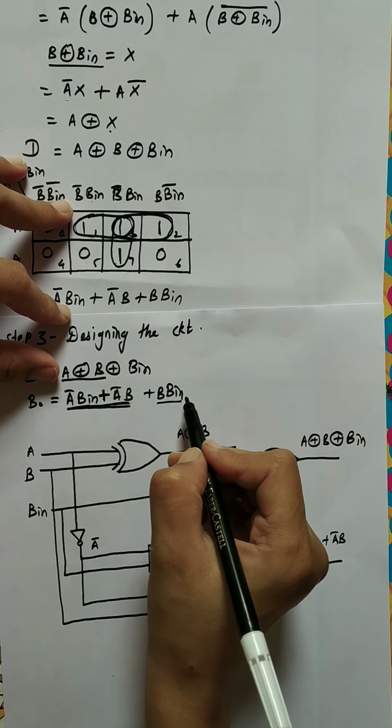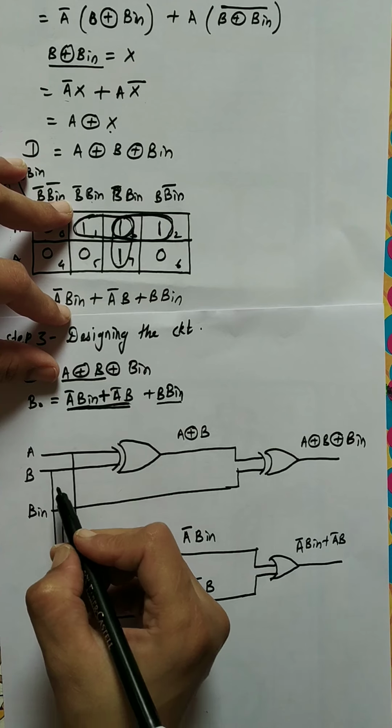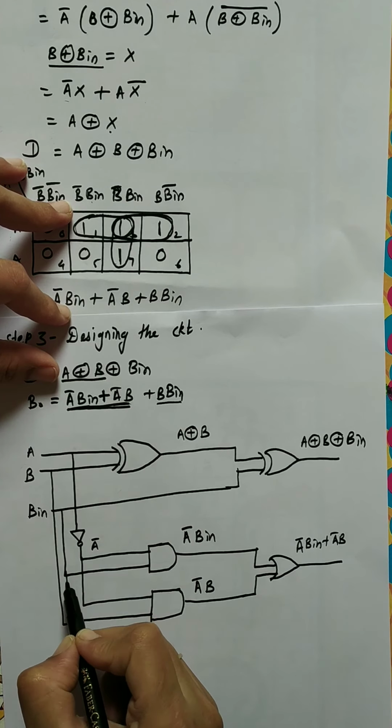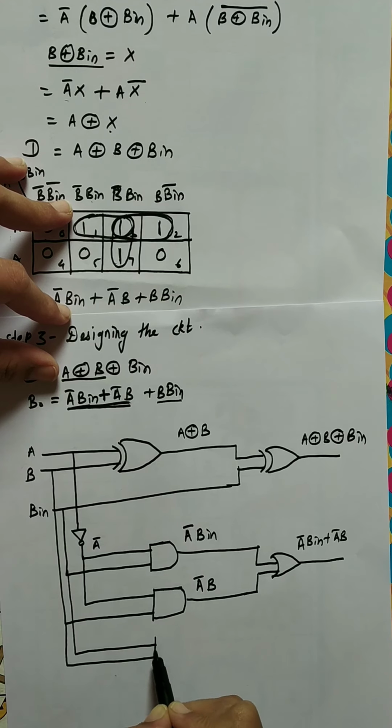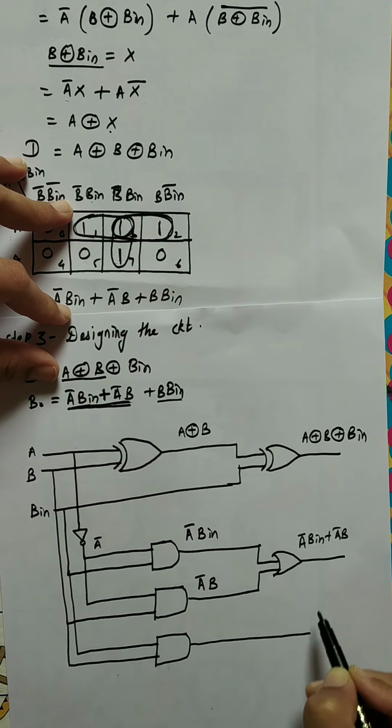Now the last is B B in. So I will require B as an input and B in as an input to the AND gate, since in between there is a dot.